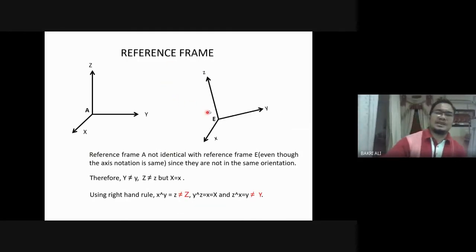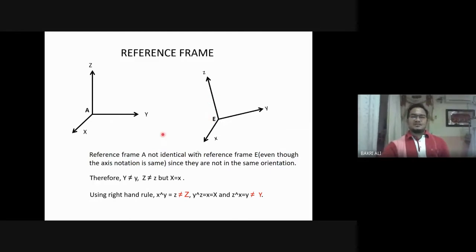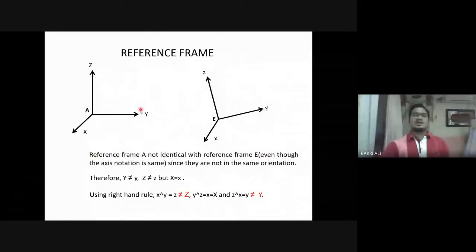In another case, the orientation is different. There are X, Y, Z and another set of axes also called X, Y, Z, but in a different orientation. So this Y is not the same as this Y. This kind of problem might be included in your test or final exam, just to test how good your understanding of the unit vector is. This Z and this Z are different, even though both are capital.